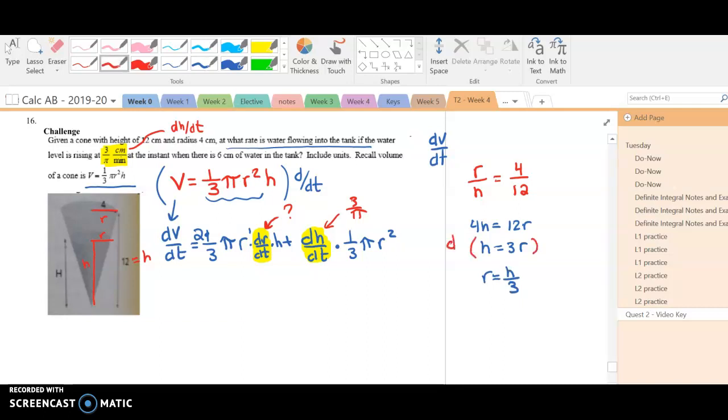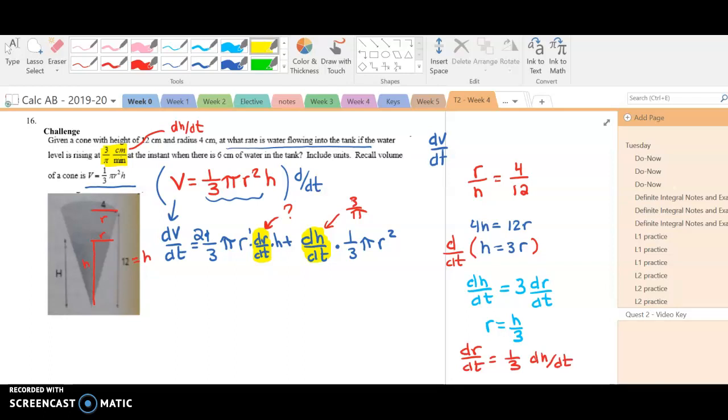If I differentiate with respect to time, with this first one, I will get dh/dt equals 3 dr/dt. And if I'd done the other one, r equal to h over 3, differentiating, I would get dr/dt equals 1/3 dh/dt.